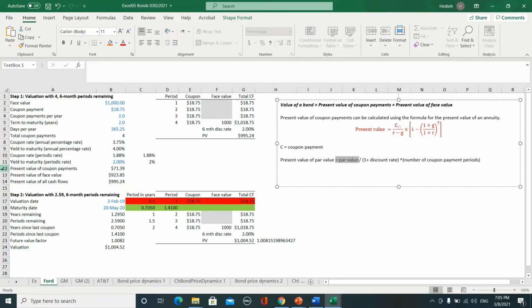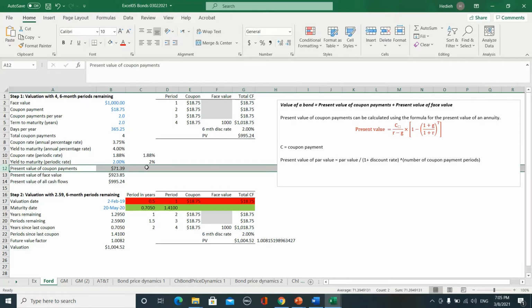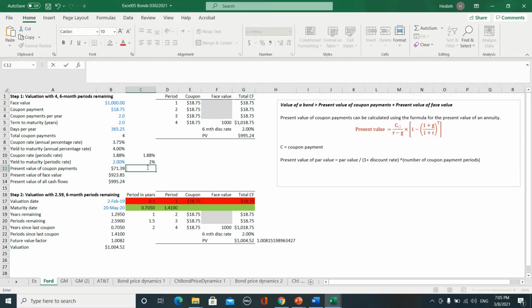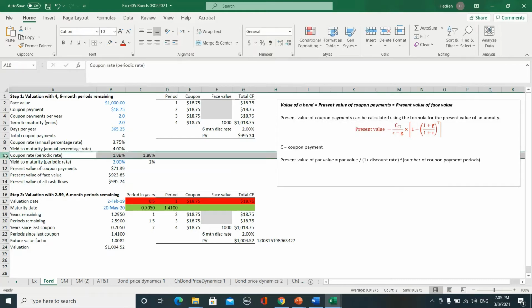So first I find the present value of coupon payments. Before doing that, first you should find C, or your coupon payment. We know that coupon payment happens every 6 months. If you pay attention, we found the coupon rate for a 6-month period.